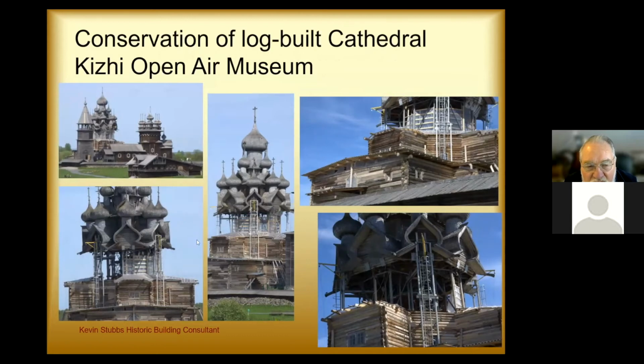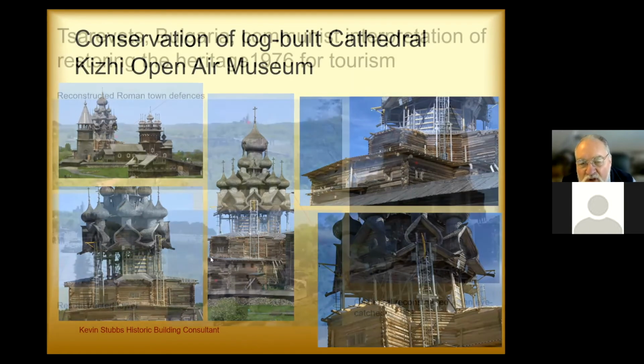And when I visited the huge cathedral there, the log-built cathedral was being conserved very carefully by the new breed of conservators in Russia. Log by log, they were being taken out of the building, little splinters pieced back in to keep the majority of the historic material. So it showed, you know, the new attitudes.